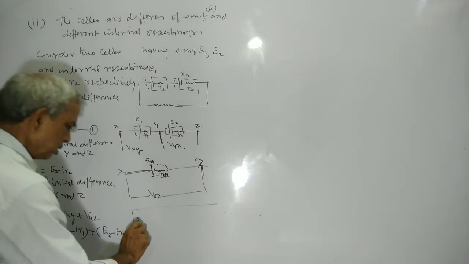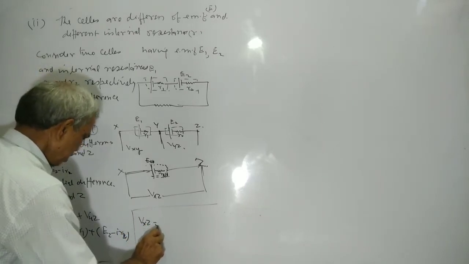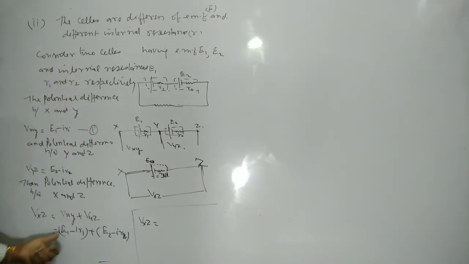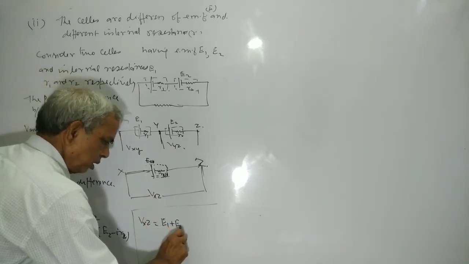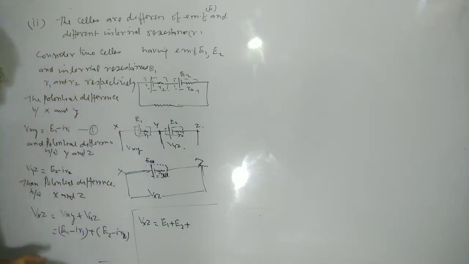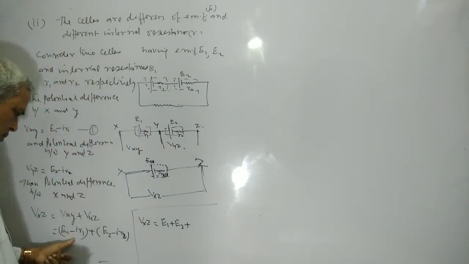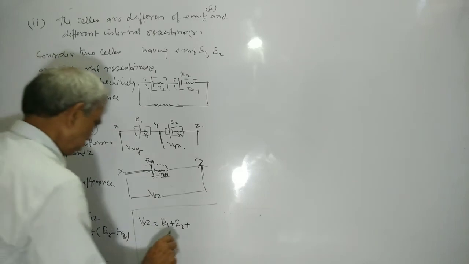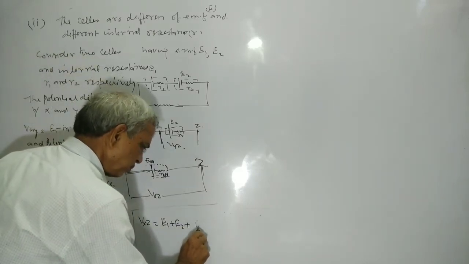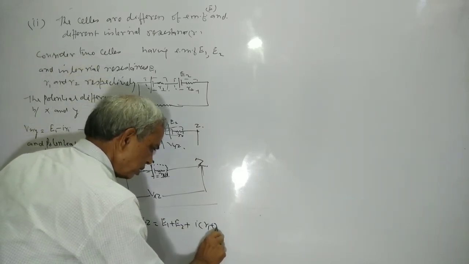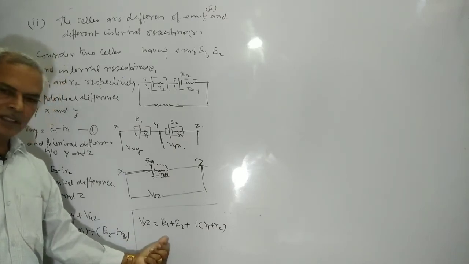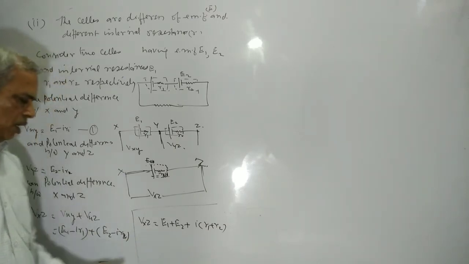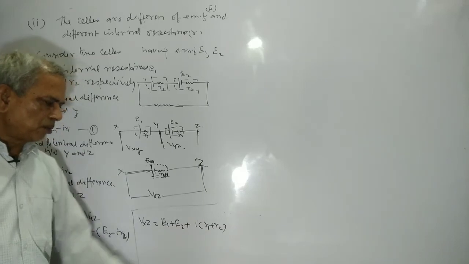This becomes VXZ equal to E1 plus E2 minus I into r1 plus r2. So the effective EMF is E1 plus E2 and effective resistance is r1 plus r2.